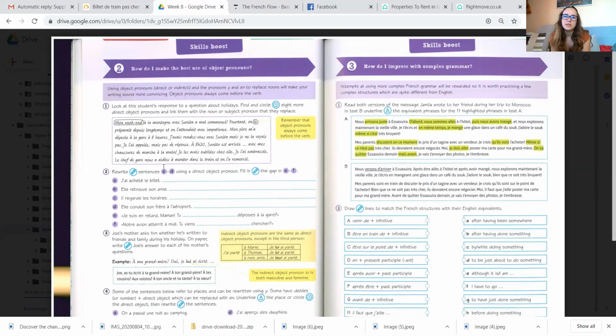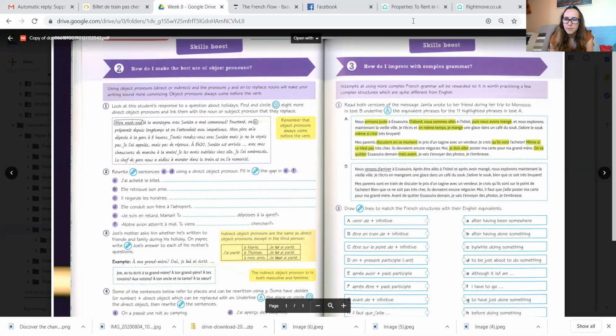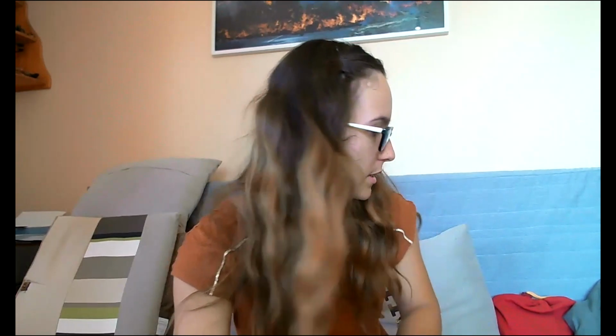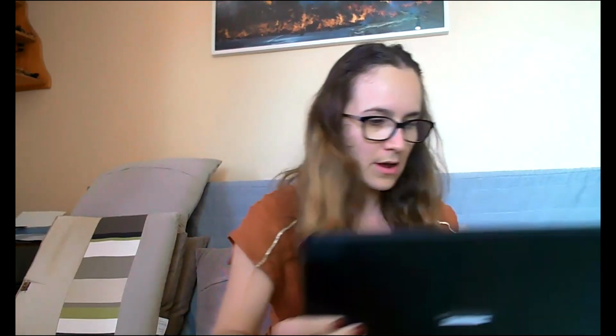Using object pronouns in the sentence just looks smart, and that's what we're trying to do. Look smart. It's either a direct object pronoun or an indirect one. So I'm just going to very quickly stop sharing that and share my little whiteboard. There we are.